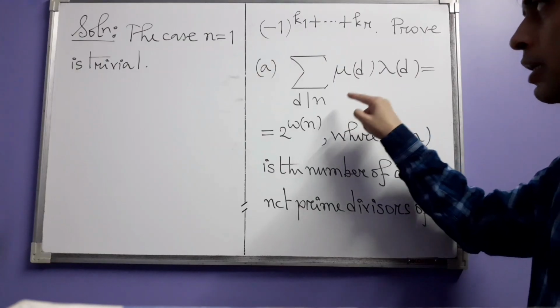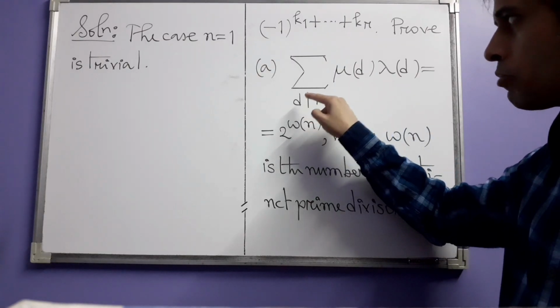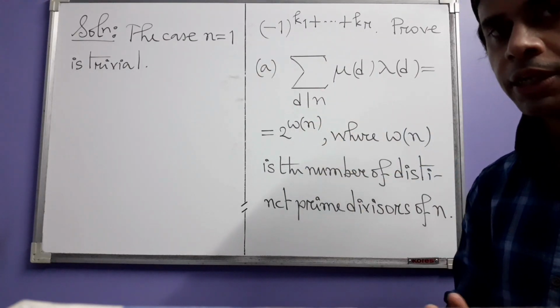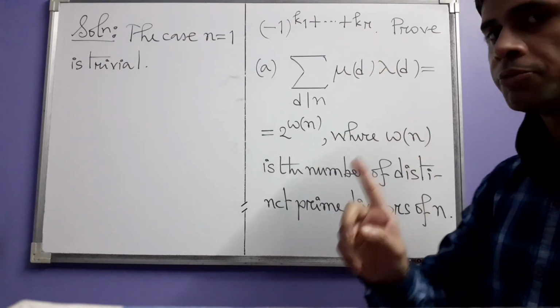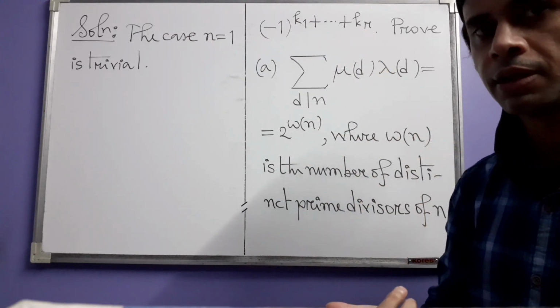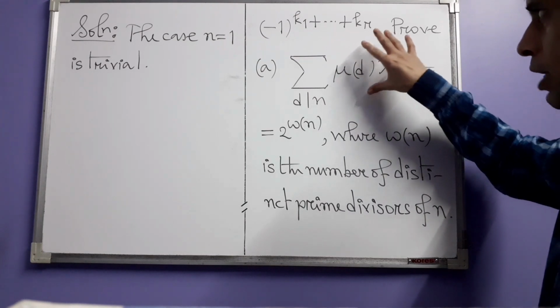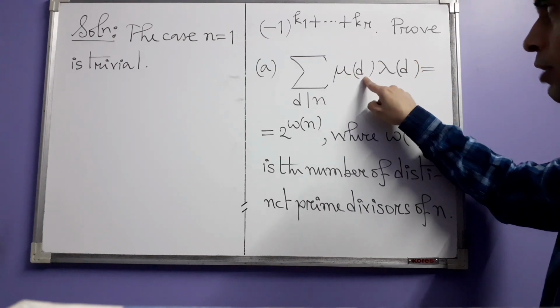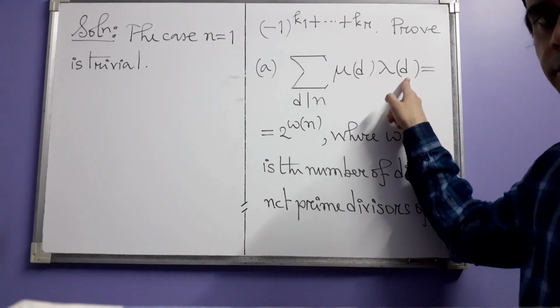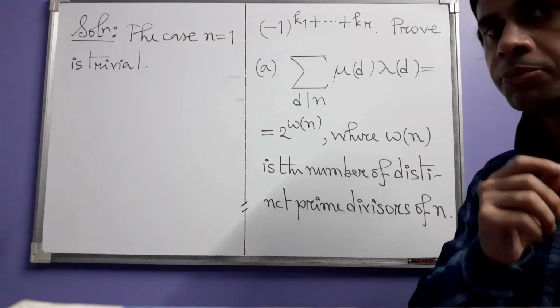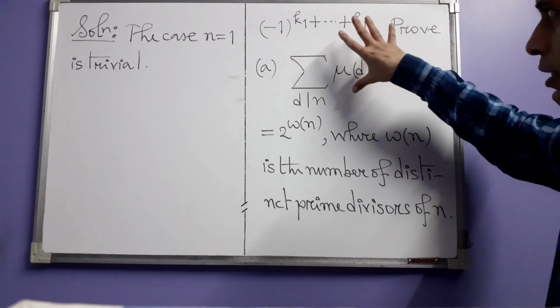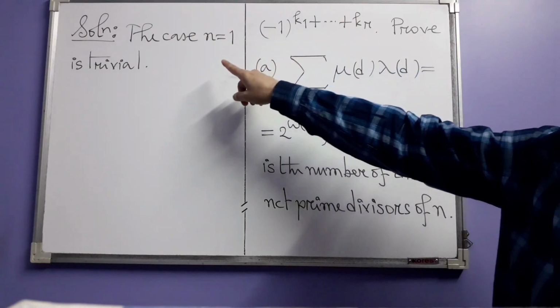There are as many terms in this sum as there are positive divisors of n. So when n is 1, there will be only one term here, because 1 has only one positive divisor, which is itself. And that only one term will be mu of 1 times lambda of 1. Mu and lambda values are both equal to 1 when the input is 1. So the left hand side is 1 when n is 1.